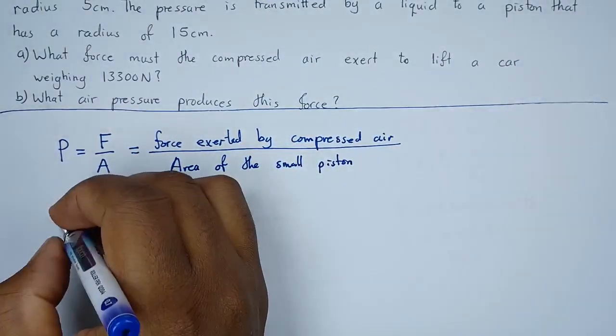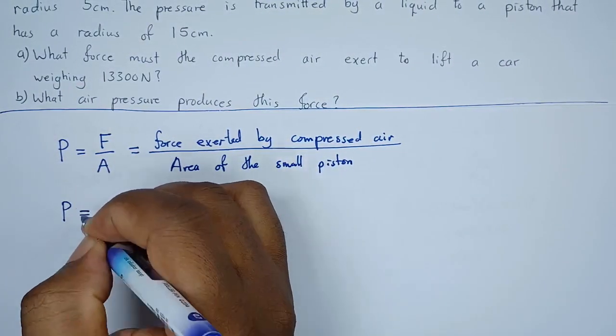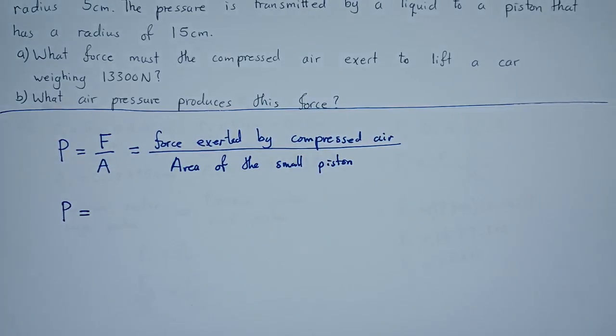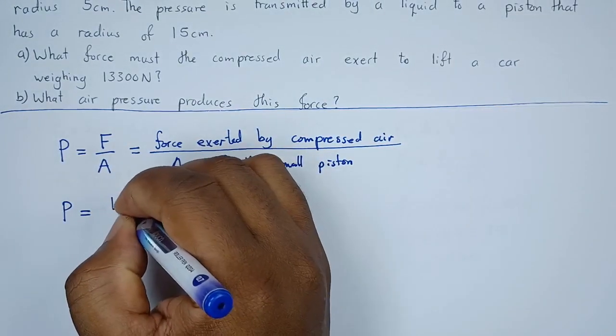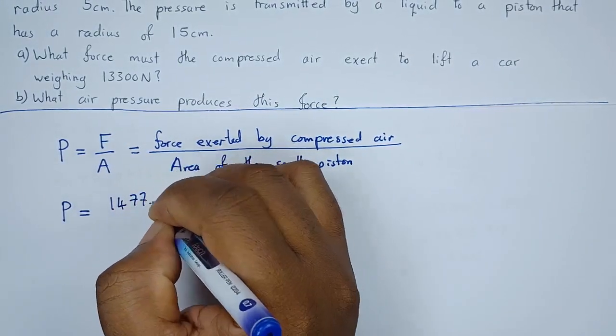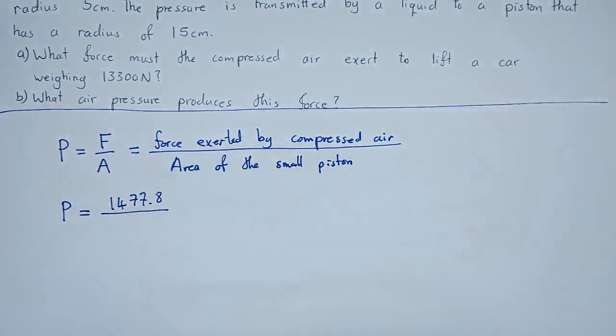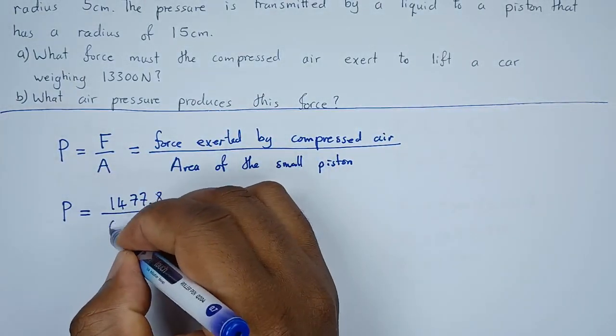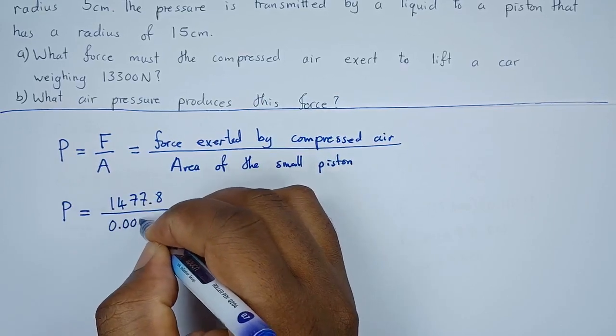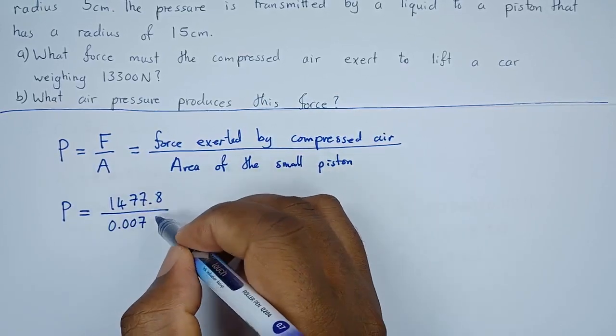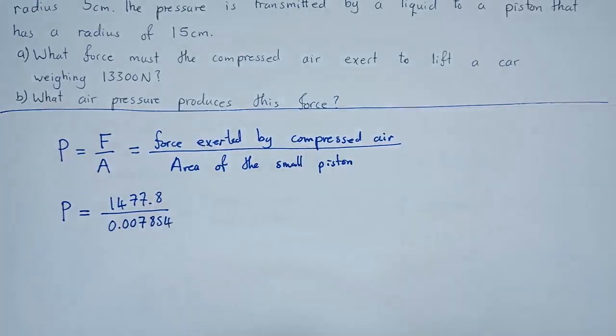Let's do the substitutions. Pressure will be equal to the force exerted by the compressed air that we just found, 1,477.8, divided by the area of the small piston, which was 0.007854.